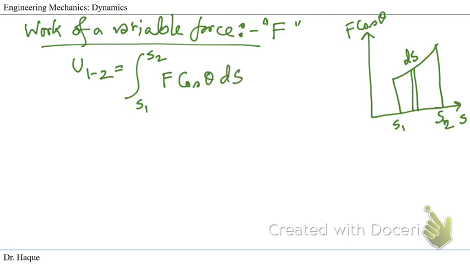It's the same equation, integrated along the S axis from S1 to S2. These are all scalars. So this is our second equation. When we have a variable force, we use this equation.